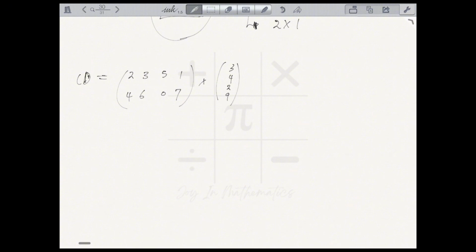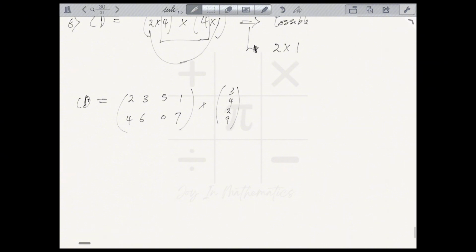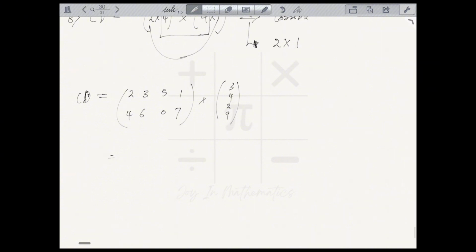Yeah, we know that it's possible, and we are expecting a 2 by 1 matrix similar to what we had earlier.